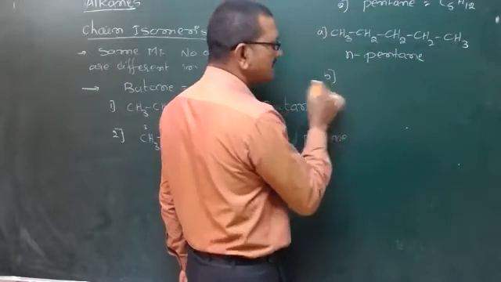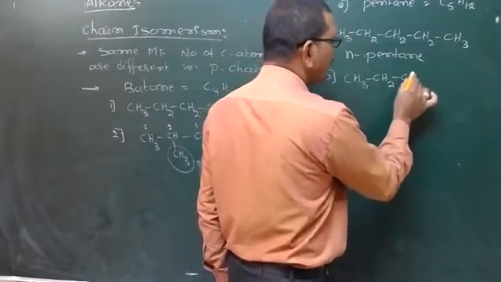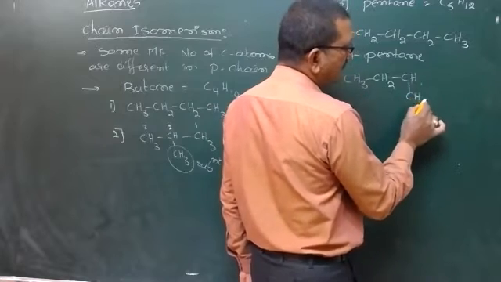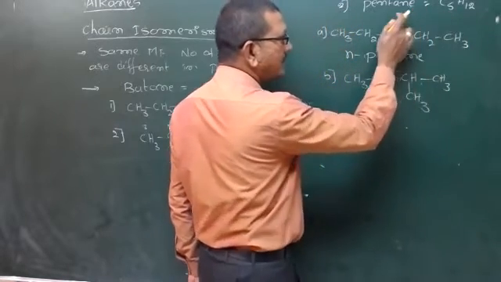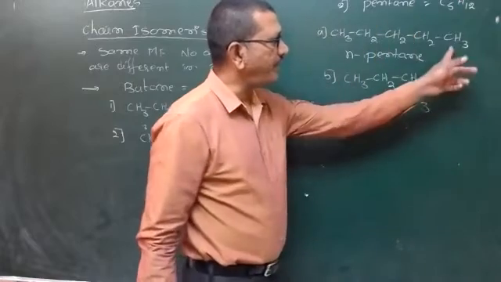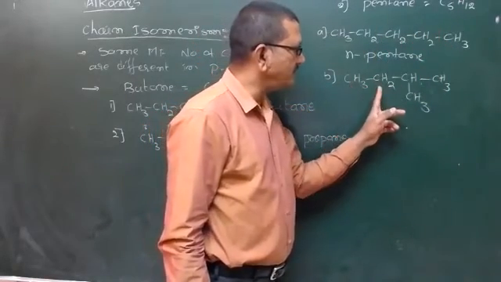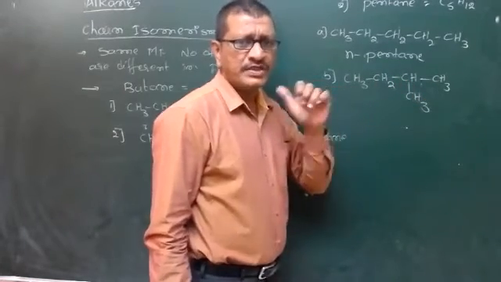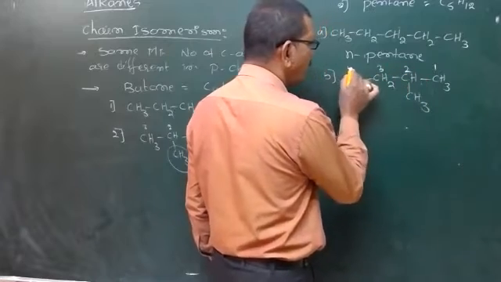If we take the second one, CH3, CH2, CH2, changing the position of this group. Very simple. I am writing this carbon at this position. Then we get CH3, CH2, CH3, and CH3. Then select the longest carbon chain: 1, 2, 3, 4.